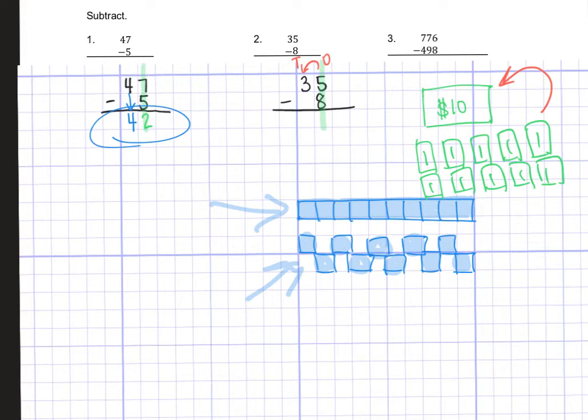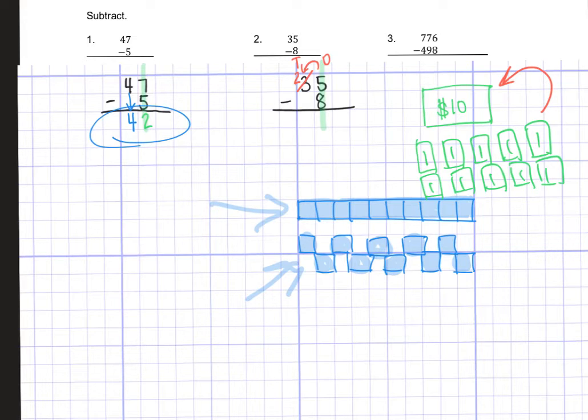So I'm going to change this 3 to a 2 because I'm borrowing from you, right? I'm taking it out of the bank. And now I'm giving it to the ones group.